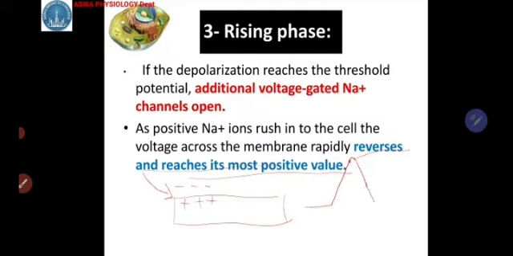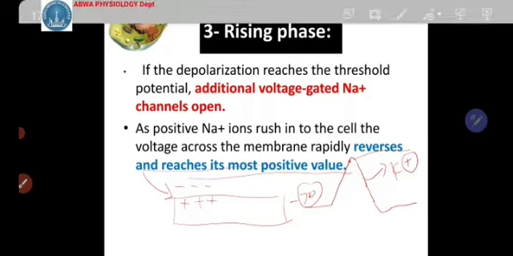Potassium is leaving the cell. It means that positive ions are leaving the cell and creating negativity inside the cell, to create again the resting state, that is minus 70 millivolts or whatever the case may be, to maintain the normal position as previously.